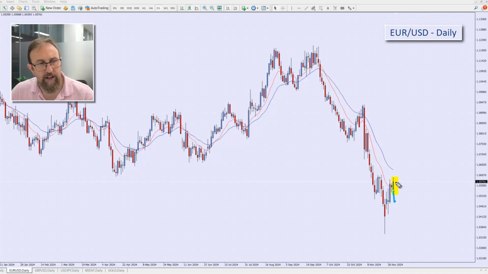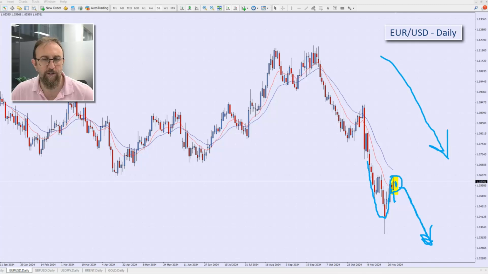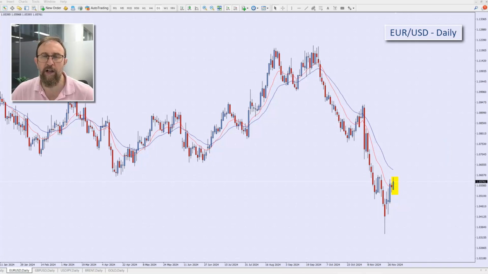If it opens up and stays as an inside candle, then tomorrow morning we'll be able to take a short in a downward direction. The market has come down, pulled back up, given me these two candles, which is my indication of reversal, and then I trade it back down in continuation of the trend. So this one's pretty close. We just have to wait and see what today's candle does.